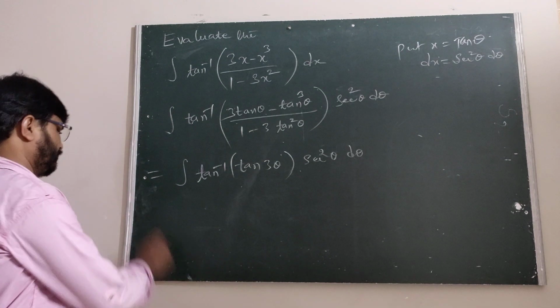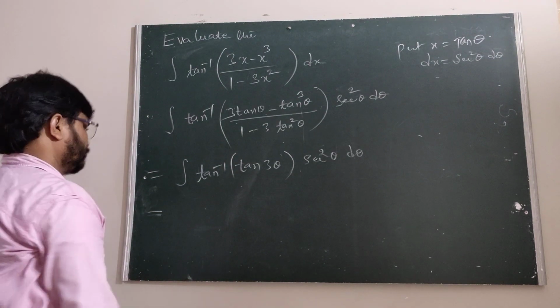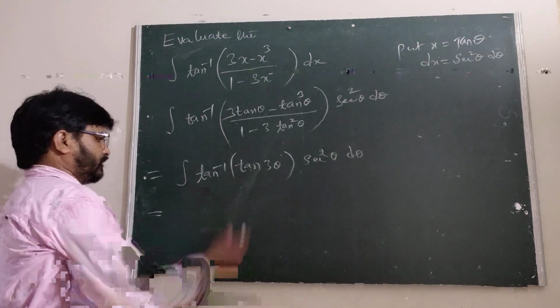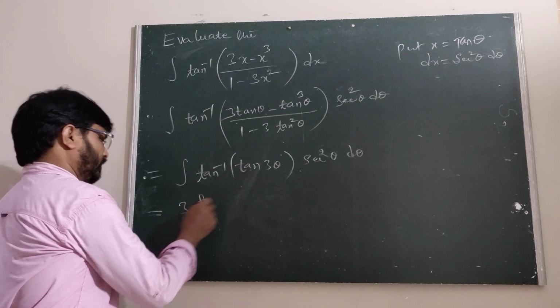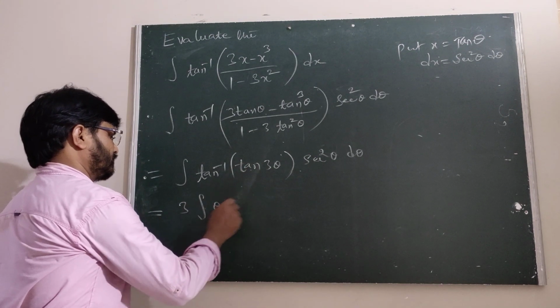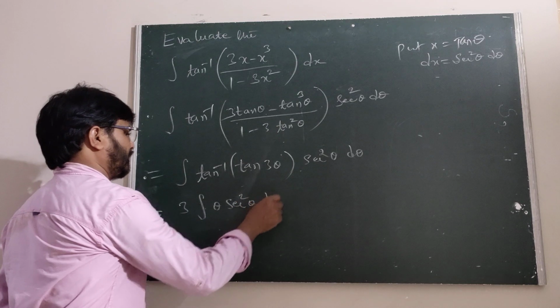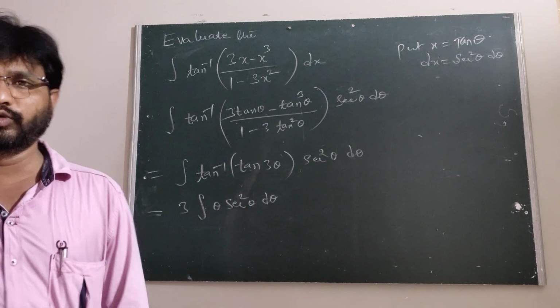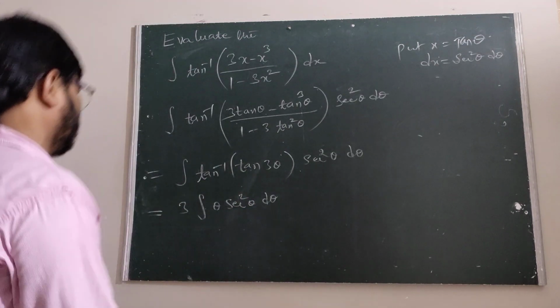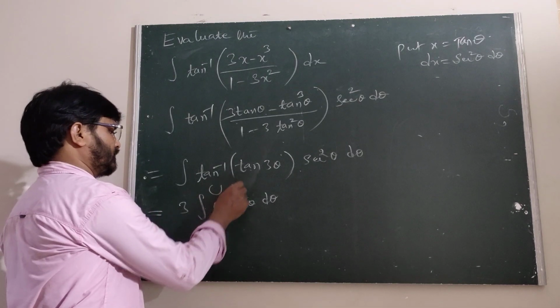Now tan inverse and tan cancel, and we are getting 3 into theta secant square theta d theta. Now we can use the UV method. This is the u, this is the v.